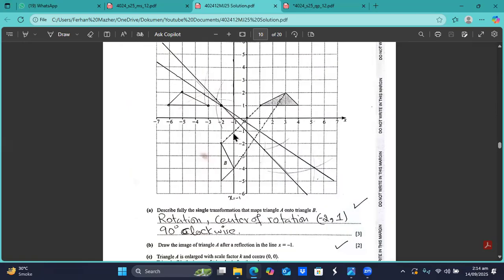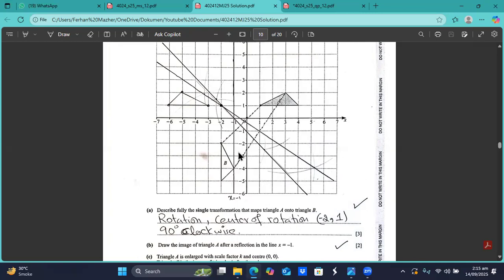Here you can see I joined this point and this point, then I opened my compass and drew an arc here, then an arc here, then I put my compass here and drew an arc here and here. Then I join these 2 points with each other. So this is my perpendicular bisector.